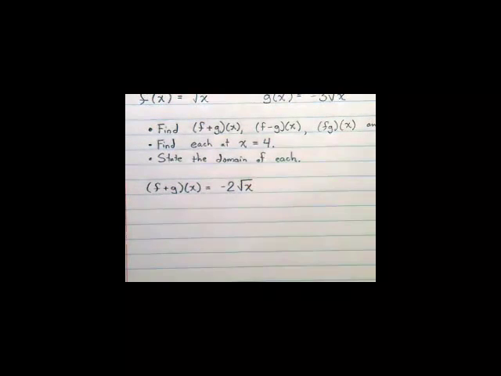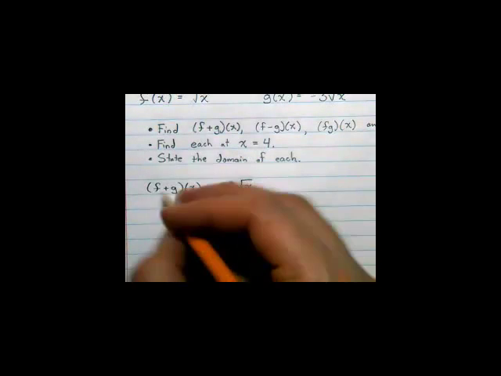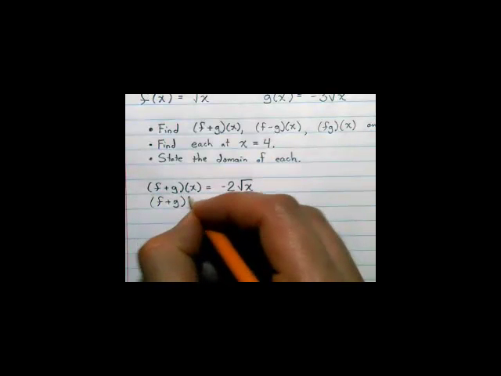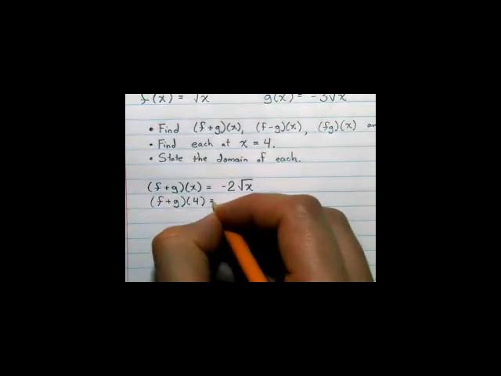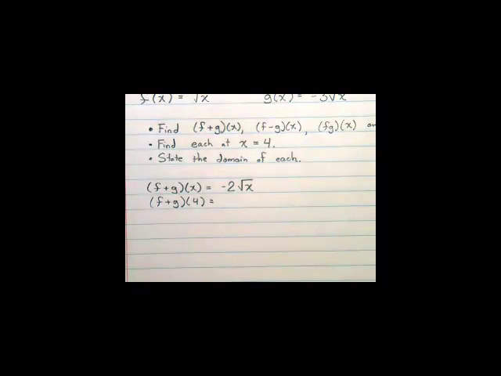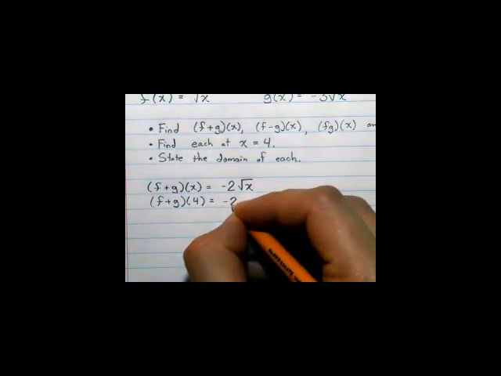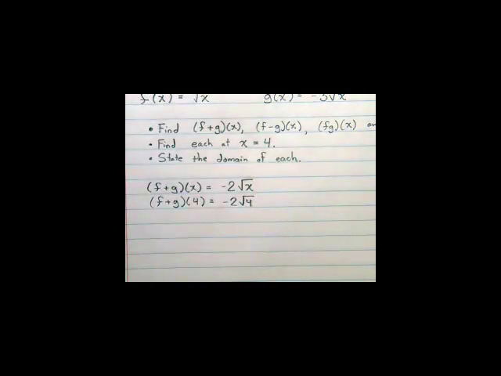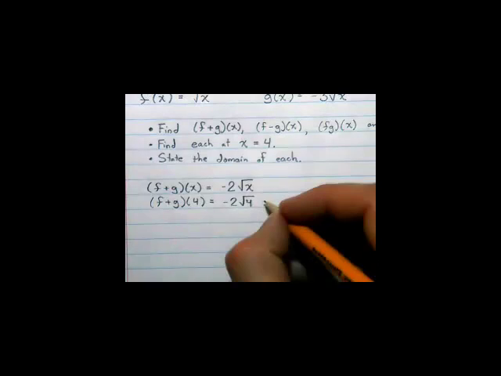Okay, so there's the formula for it. Then it wants each at x equals 4, so that would be f plus g of 4. We'll take this new formula you just created and plug in a 4. What is that? It would be negative 2 times 2, right? Negative 4. There you go.